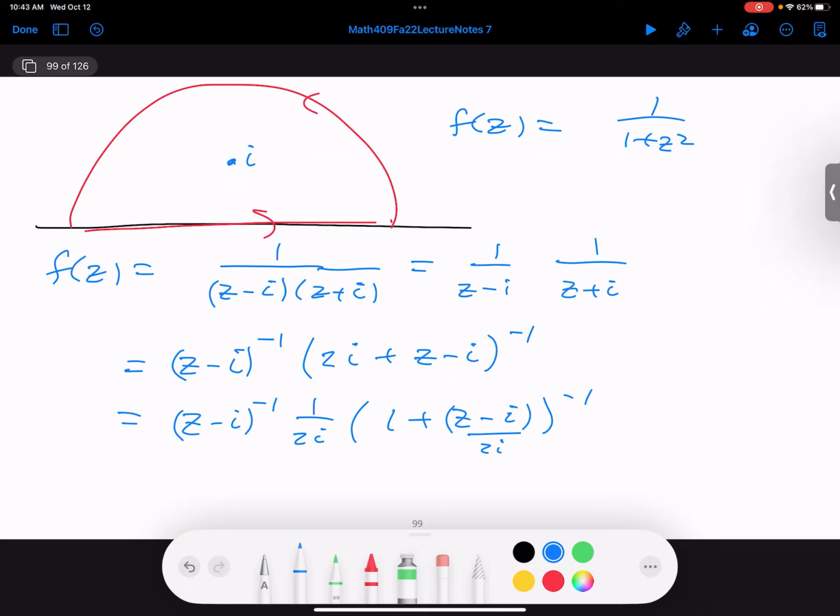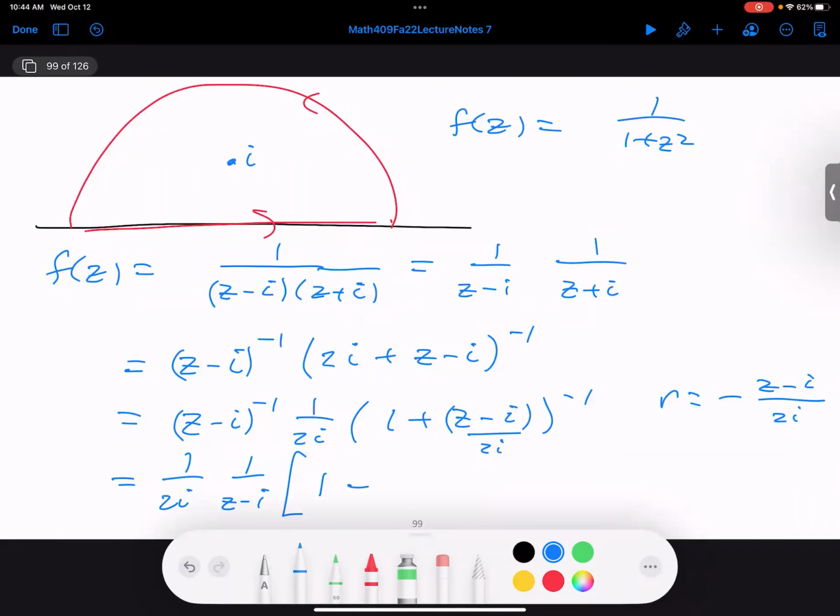All right, how do we expand something of the form (1 plus u) inverse? If I give you 1 over 1 plus u, how do you expand that? Geometric series. So this is going to be 1 over 2i, 1 over z minus i, and then as we start to expand it, I get 1. I've got a plus sign, so I've got to remember for my geometric series 1 over 1 minus r. So here, r is equal to negative (z minus i) over 2i.